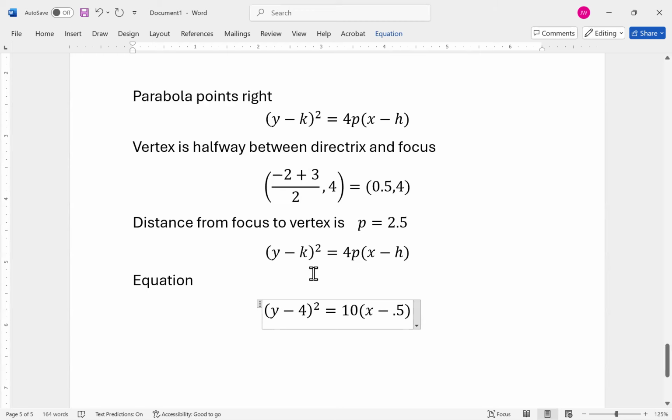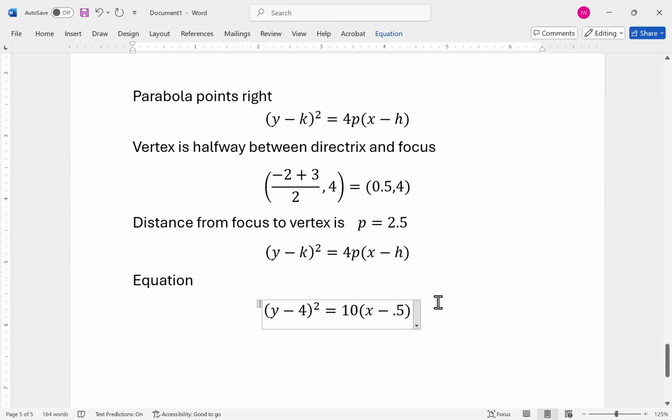And again, you can double check this if you want by graphing it. I am not going to do that in this problem. But there we go. So that's the basics. We say distance from focus to the vertex, or from the vertex to the directrix. You could have also used vertex to the directrix.